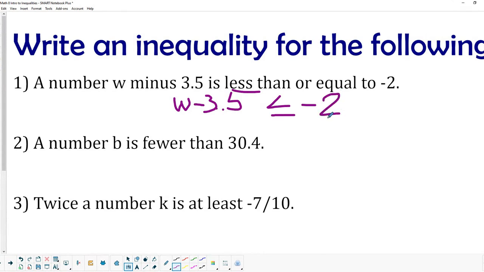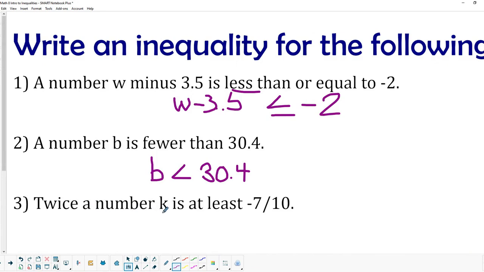Okay, second one, a number B is fewer than 30.4. Fewer than means just less than. So B is less than 30.4. That could be a temperature, or who knows what other subject, or an amount of money or something like that.